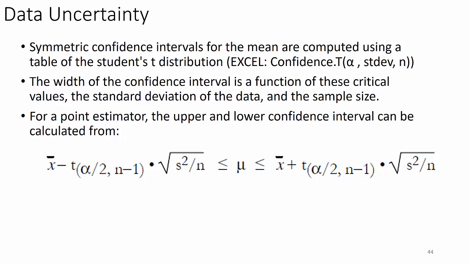For a point estimator, the upper and lower confidence limits can be calculated from the mean minus t alpha/2, n minus 1, times the standard deviation over the square root of n, and the mean plus that value. Typically t alpha/2, n minus 1 is something in the range of 2.14, times the standard deviation over the square root of n.